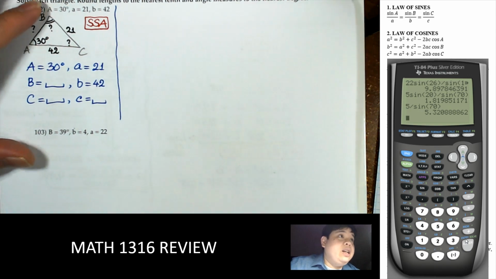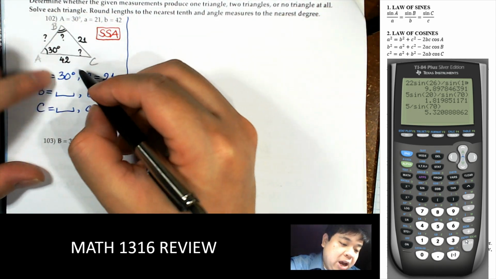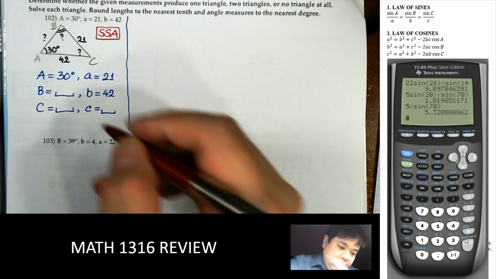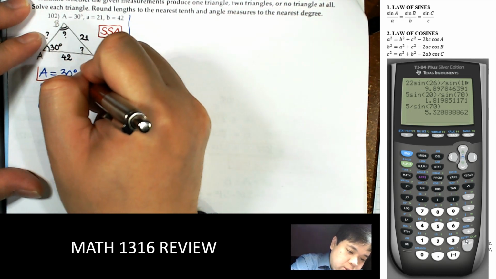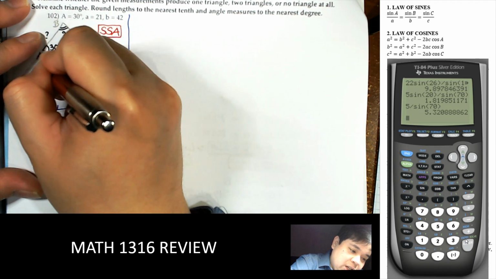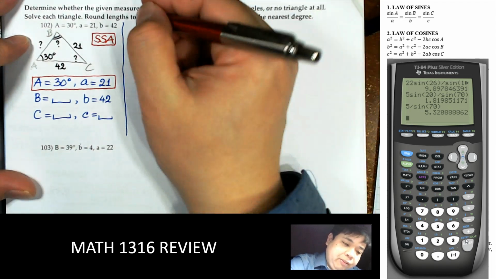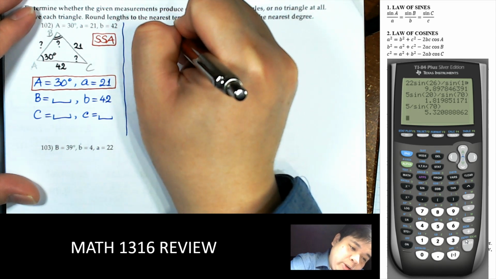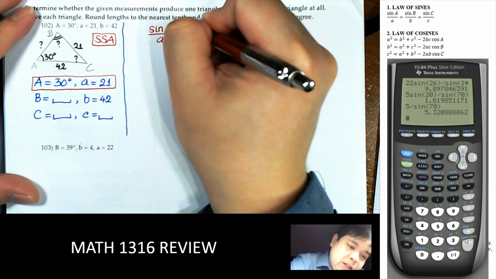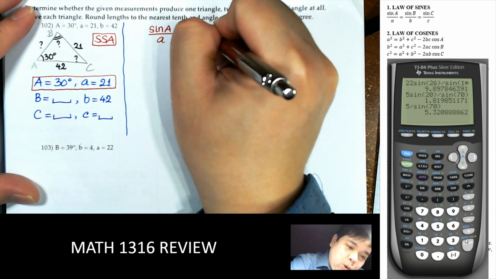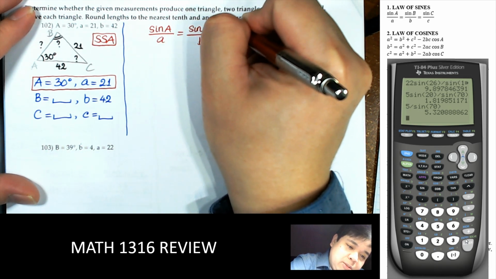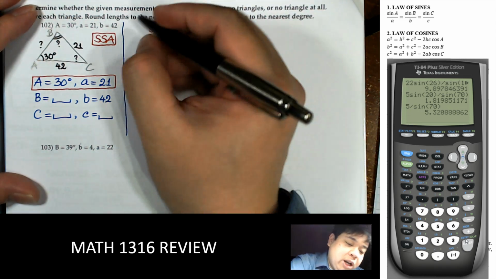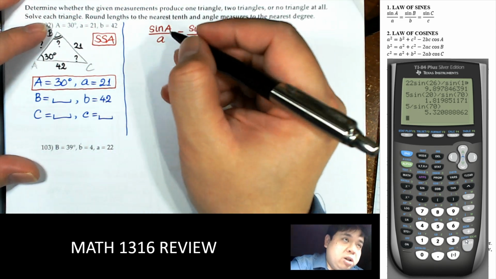Once again, in this scenario, we have a pair of opposite side and angle. So every time we see this, that is the law of sines. So write out the formula: sine A over a, sine of B over little b, and sine of C over little c. Put everything we know in that equation.